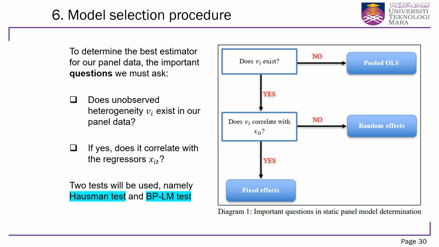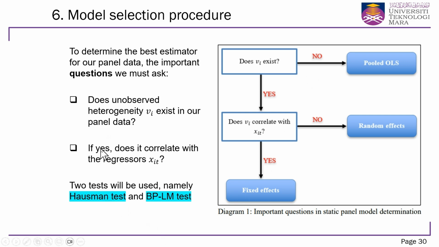In other words, if we think the unobserved heterogeneity factor is not present, then we can simply run OLS on our panel data. However, we must remember that this is quite a strong assumption because panel data often have this country specific or firm specific or individual specific factor that may cause heterogeneity bias in our estimation if this factor is ignored.